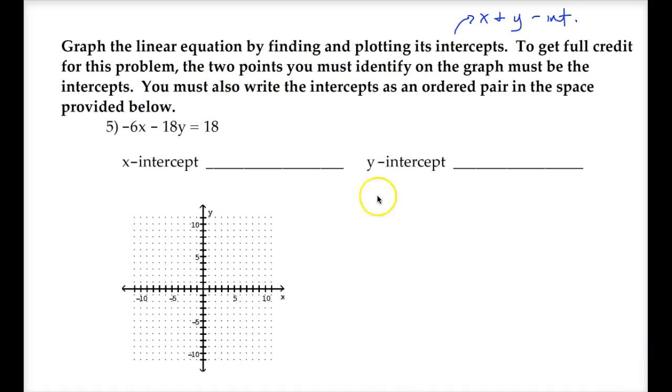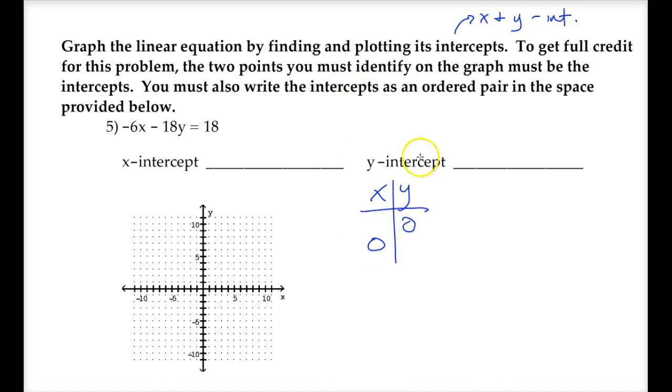The way that I recommend that you go about doing this is realizing that for an x-intercept you basically solve for x when y is 0. And for the y-intercept, you let x equal 0 and you solve for y. And so here we're just going to get our ordered pairs.